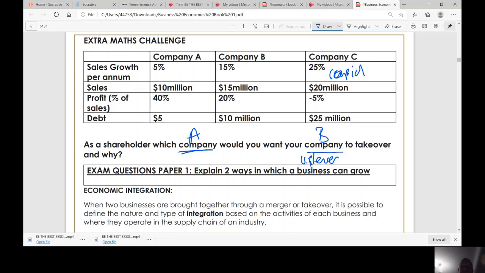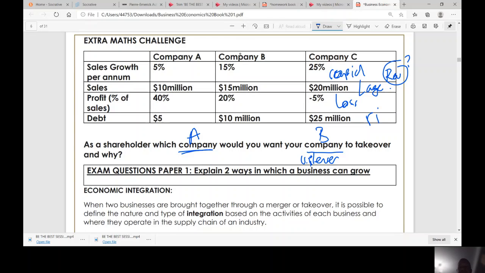In terms of sales, again, company C looks very attractive because it has a large amount of sales. However, it's currently making a loss. So if you're looking at this firm, you are looking at possibly a revenue max strategy going forwards, and it does have a significant amount of debt. So it's grown rapidly, it's grown inorganically potentially because it's got debt.